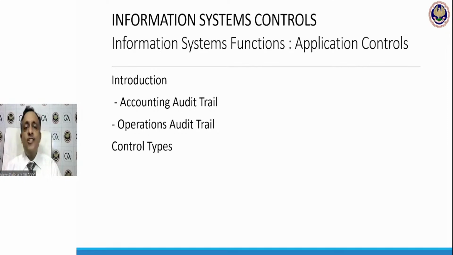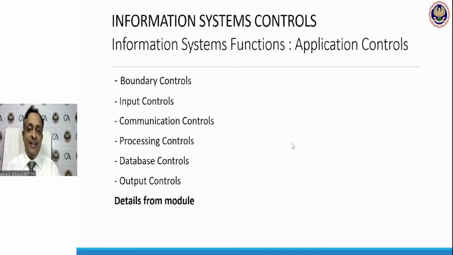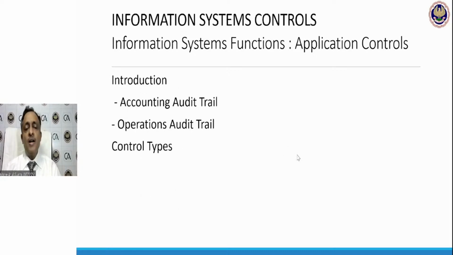You have two categories of controls, accounting audit trail and operations audit trail. Then we'll be talking about the category of control. So first, let us look at accounting audit trail and operations audit trail. We'll be referring to the module for this. Yeah, just give me a second.